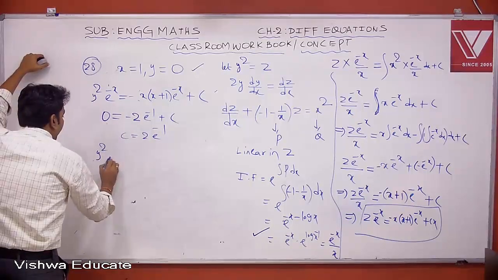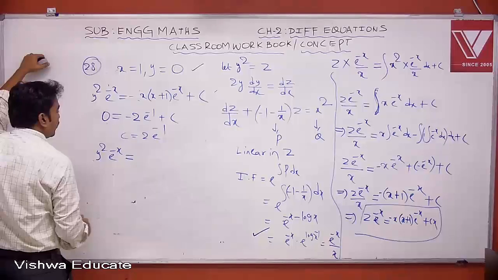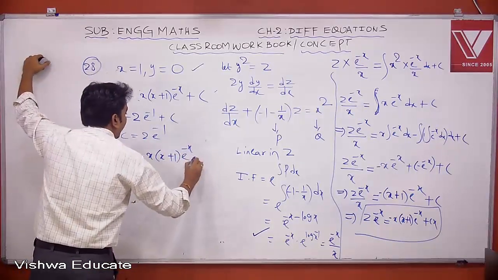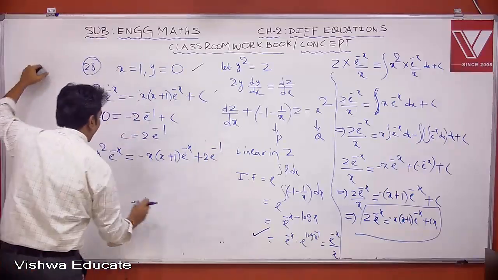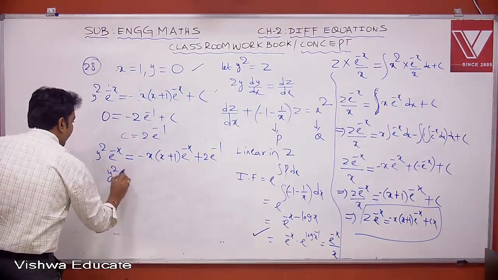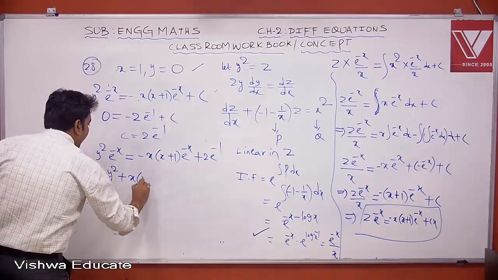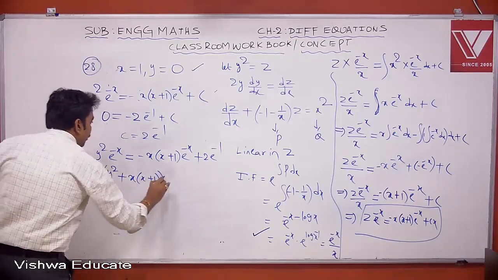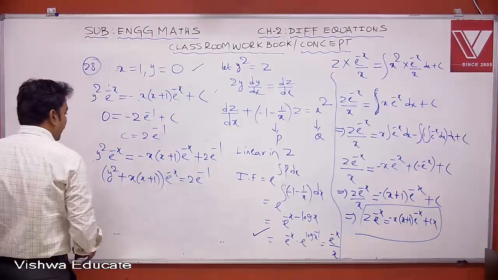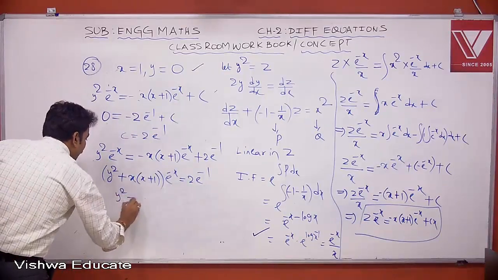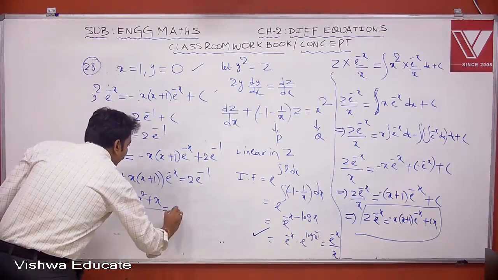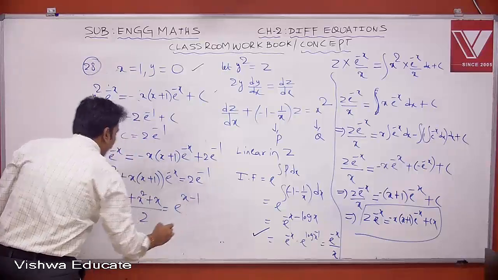Therefore here y square into e power minus x equal to minus x into x plus 1 into e power minus x plus 2 times e power minus 1. So this implies y square plus x into x plus 1 into e power minus x equal to 2 times e power minus 1. Therefore y square plus x square plus x divided by 2 equal to e power x minus 1.